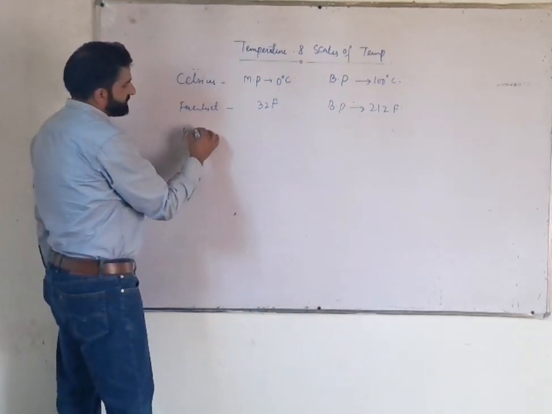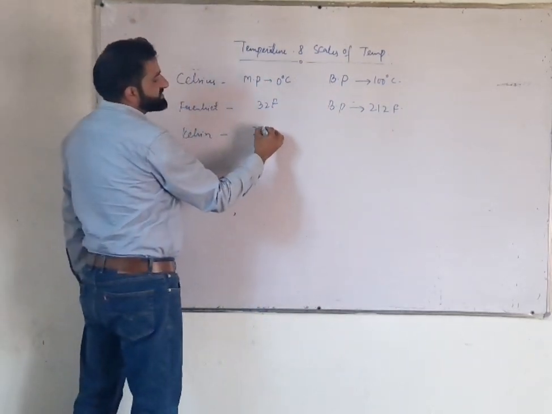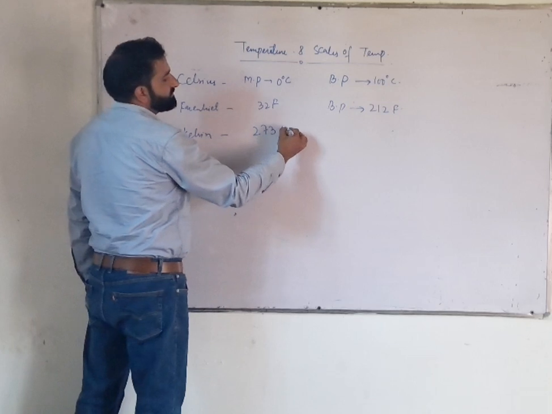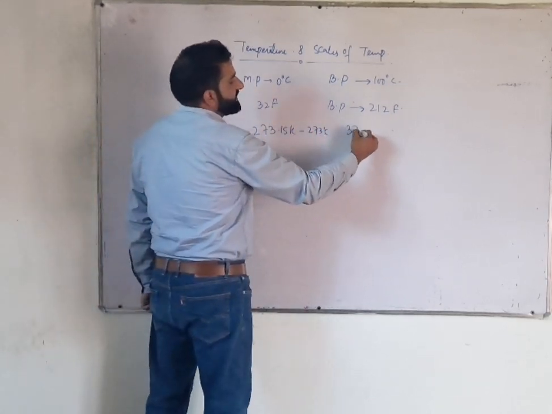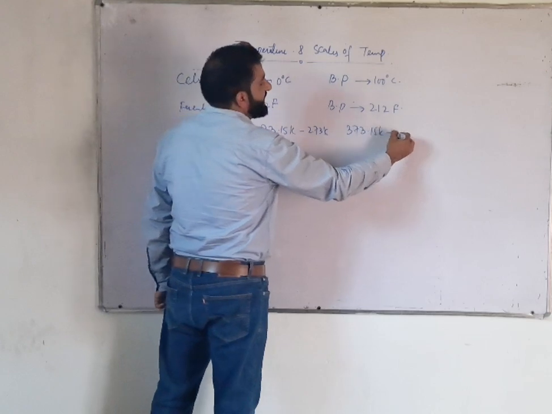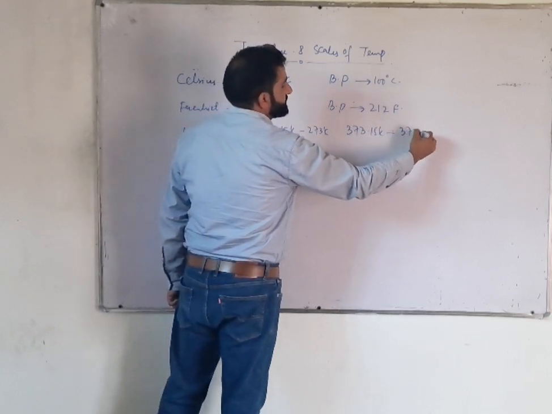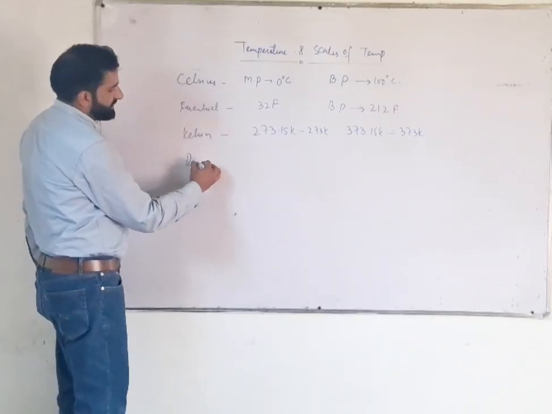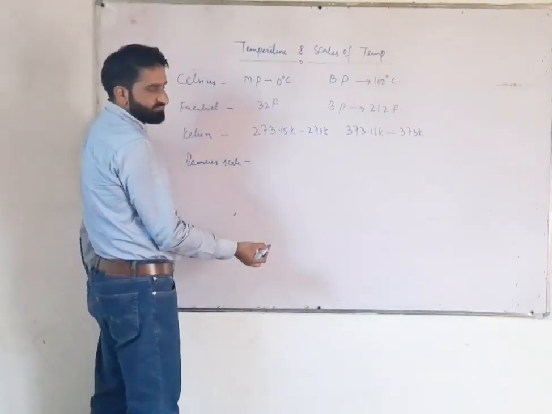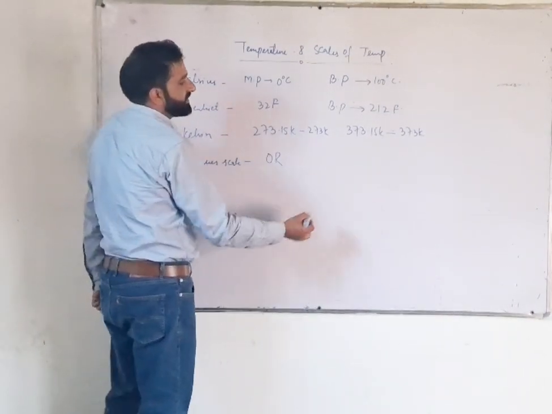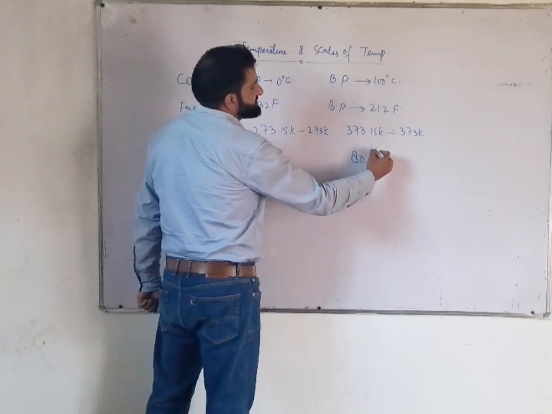In the Kelvin scale, the melting point is 273.15 Kelvin, taken as 273 Kelvin, and the boiling point is 373.15 Kelvin, taken as 373 Kelvin. In the Reaumur scale, the melting point or freezing point is 0 Reaumur and the boiling point is 80 Reaumur.